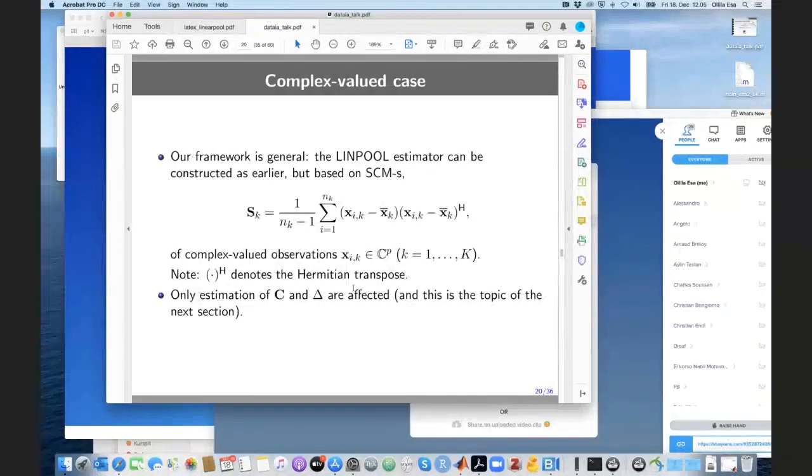The only thing that is actually affected is how you estimate these inner products and the mean squared error. Because obviously the formula for the mean squared error of this matrix is slightly different when the observations are coming from a complex Gaussian or from a real Gaussian distribution. So that is the only thing that you need to take into account.